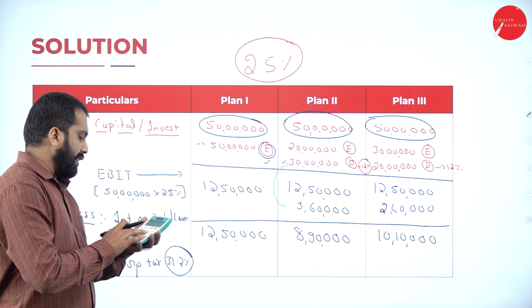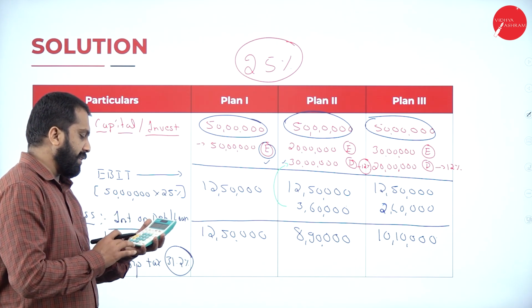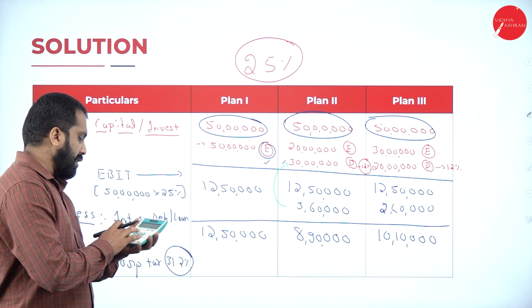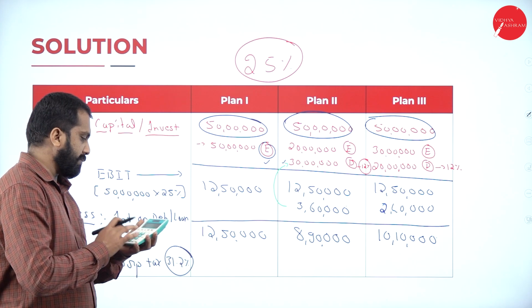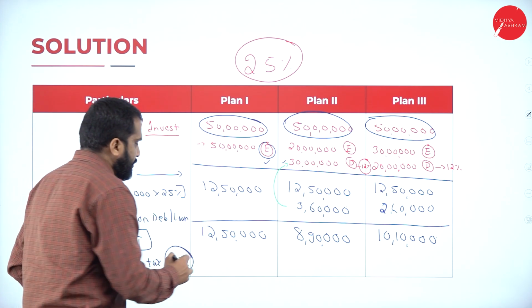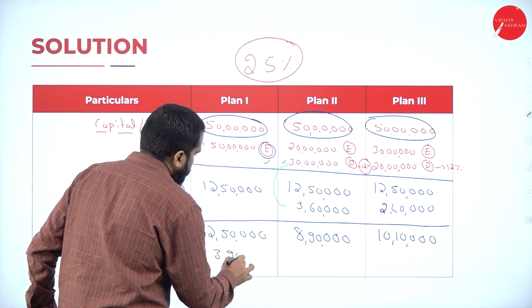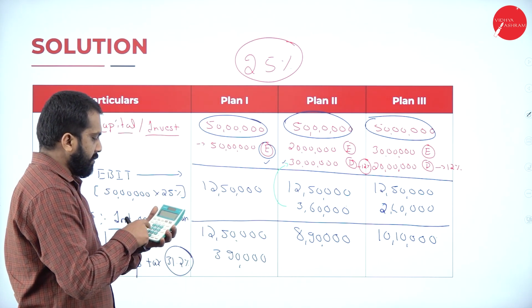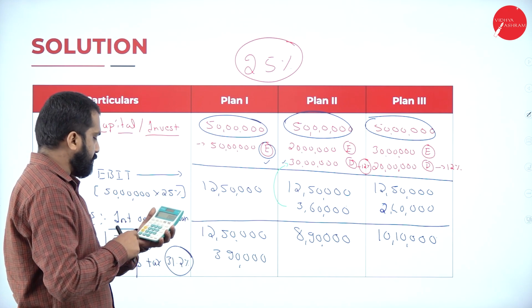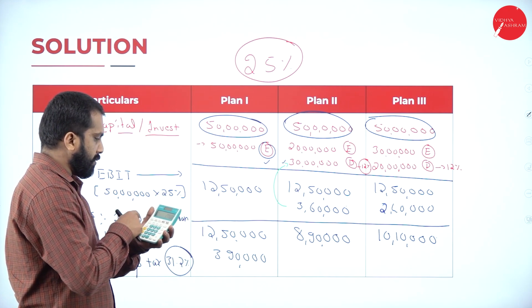Now, 12,50,000 multiplied with 31.2 divided by 100. 3,90,000. And this one 8,90,000 multiplied with 31.2%.